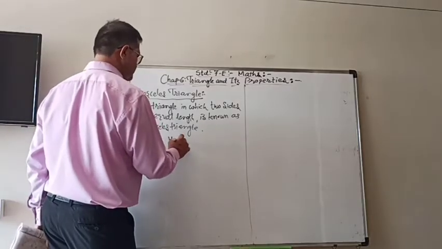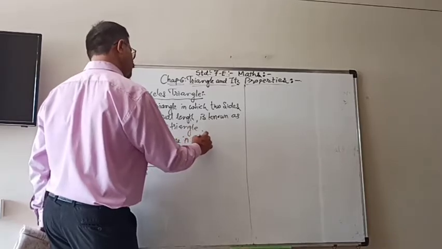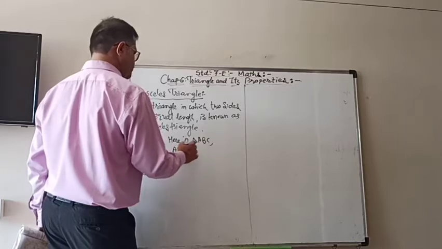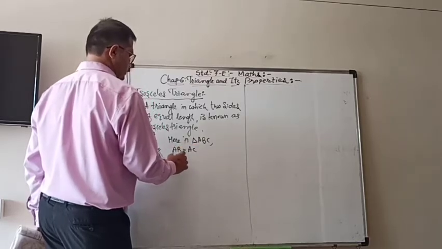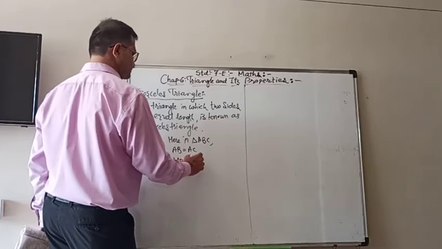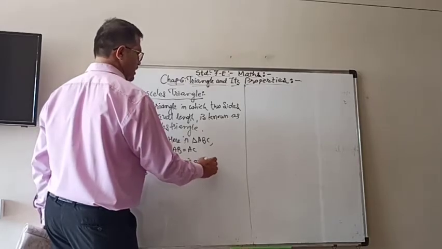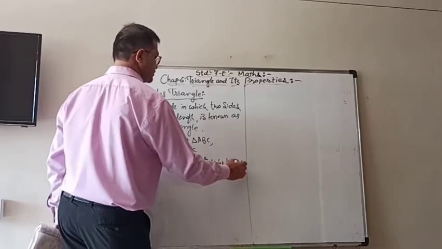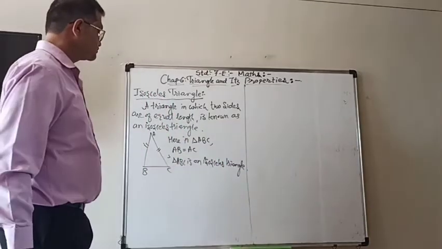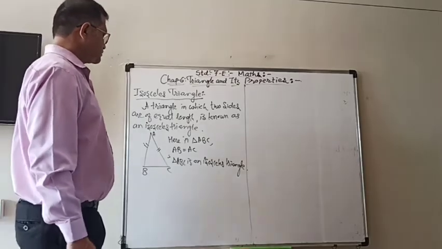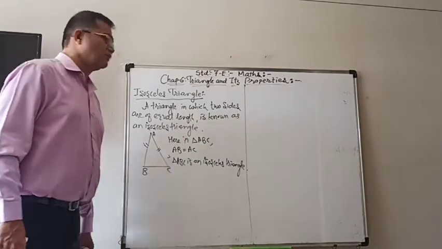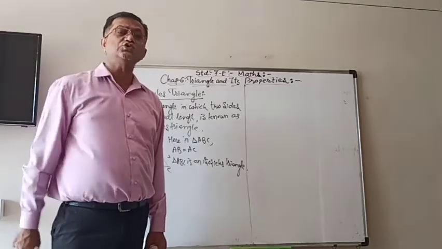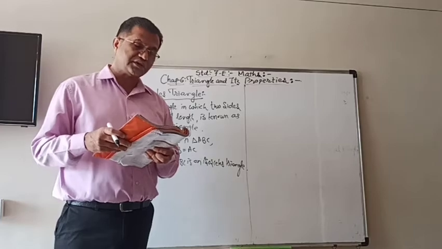So here in triangle ABC, AB is equal to AC, therefore triangle ABC is an isosceles triangle. So here we have to understand that in an isosceles triangle, two sides are of equal length.